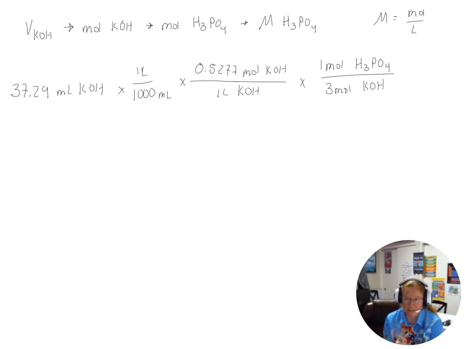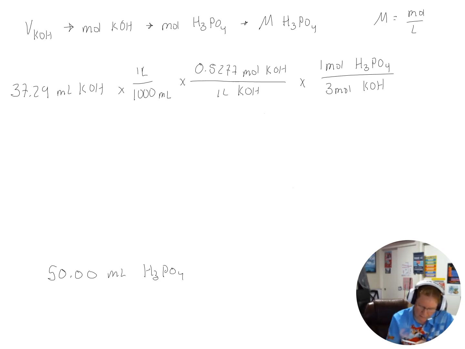But what I'm trying to get to is moles per liter. So what we were told initially is we had a 50 milliliter aliquot of our phosphoric acid. So to get molarity, we need to convert to liters. So 50 milliliters, we'll get a liter for every 1,000 milliliters, and so we'll get 0.05 liters. So what I'm going to do now is add one more step onto this.